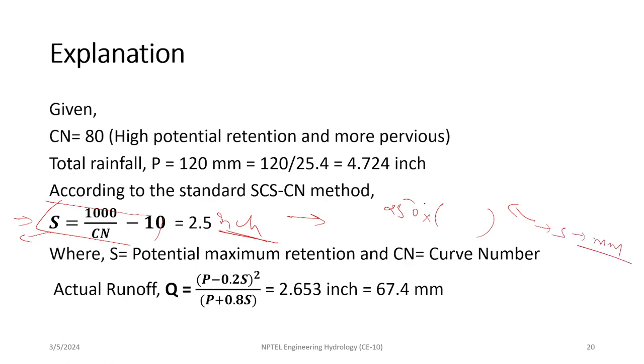This factor was multiplied only to convert inches directly to mm. It is not 250, it is 254, because if we divide 25.4 we get the value in inches. In the reverse process, if we multiply by it, we directly get the value in mm.